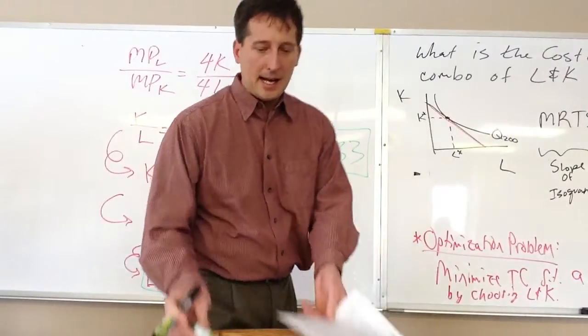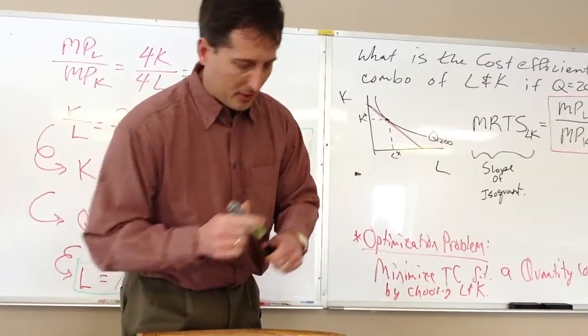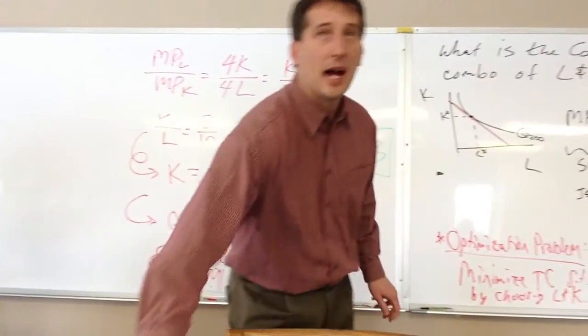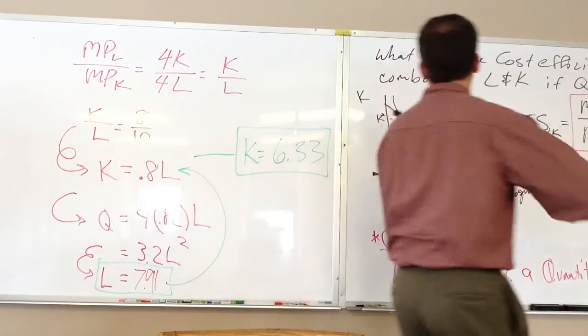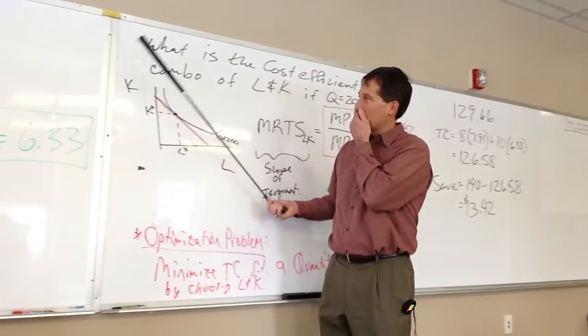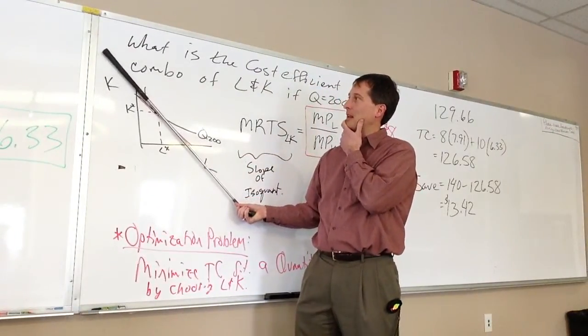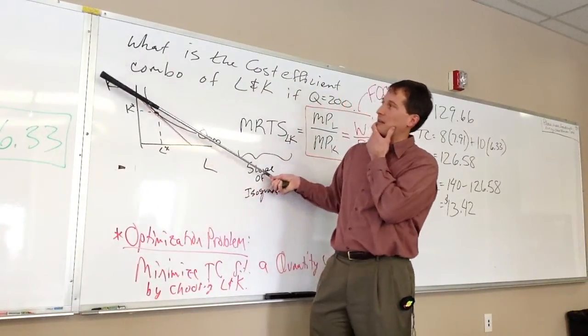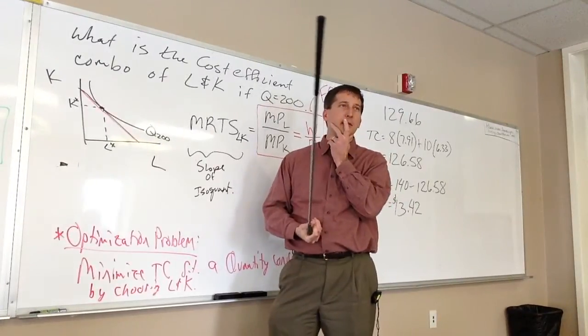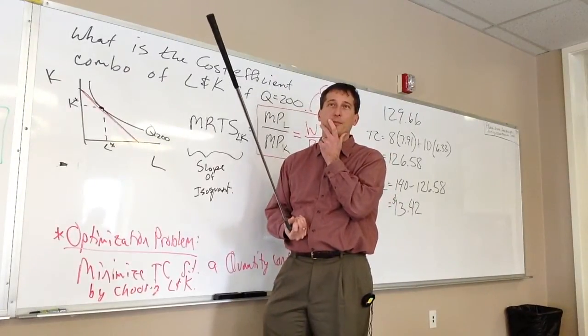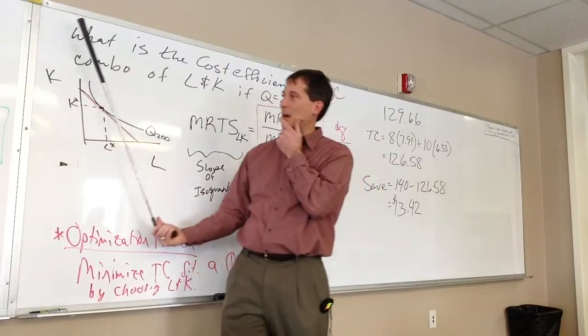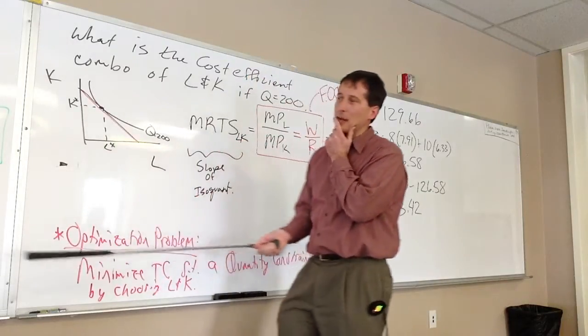So where did that iso-cost curve lie before? Back to this problem. We weren't at some optimal. Was it a higher slope or a flatter slope compared to the optimal? Higher? Now how do you know that? Maybe just by looking at the numbers.